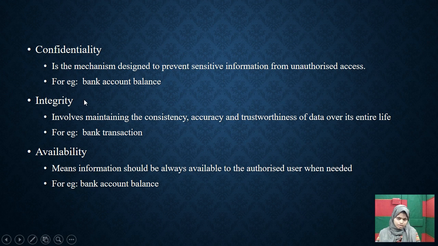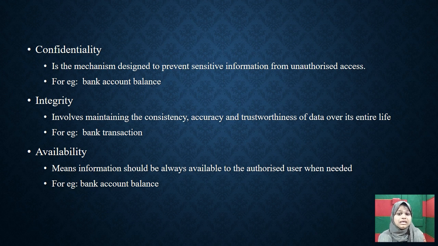The second important principle of information security is integrity. It involves maintaining the consistency, the accuracy, and the trustworthiness of data over its entire life. Whenever you are transmitting the data, or performing some sort of operation on your data or information, you need to keep its consistency intact and keep its accuracy.